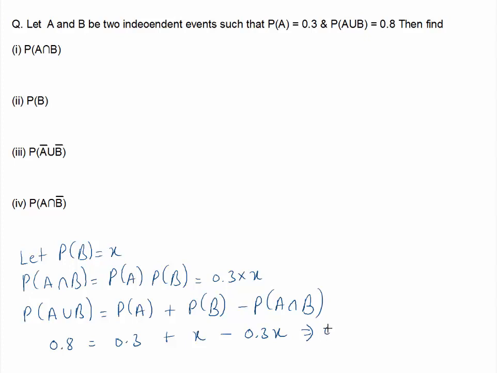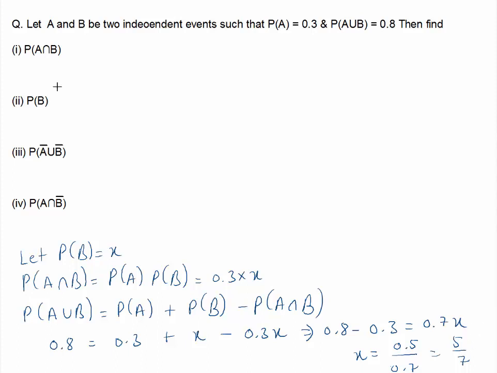So this implies 0.8 minus 0.3 equals x minus 0.3x, which is 0.7x. So x would be equal to 0.8 minus 0.3, which is 0.5, divided by 0.7. So that would be equal to 5 by 7. So probability of B is 5 by 7.